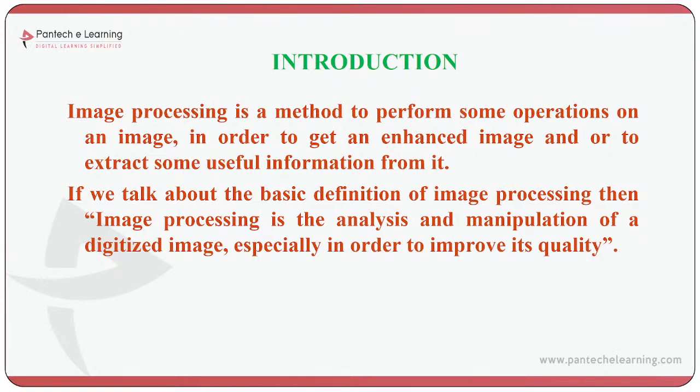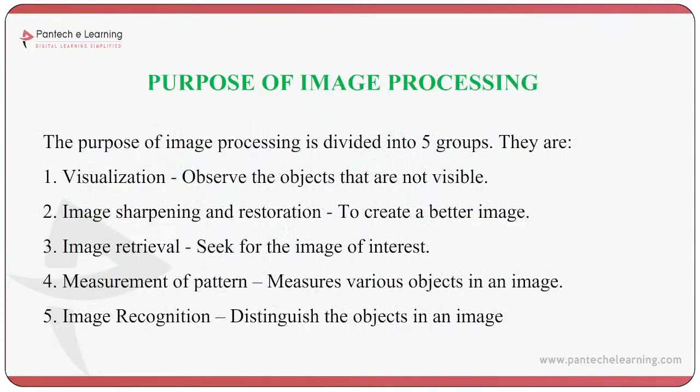First we have to enhance the image, and for that purpose we use image processing. What is the purpose of image processing? Image processing is divided into several groups: visualization, image sharpening and restoration, image retrieval, measurement of pattern, and image recognition.